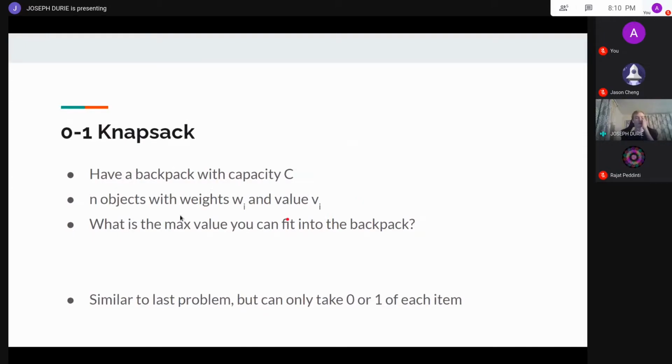So what if we try to do something like that here? You take the object that has the biggest vi over wi value, and then we iterate down descending like that. Do you guys see what the problem could be with that, now that we have this discrete version?